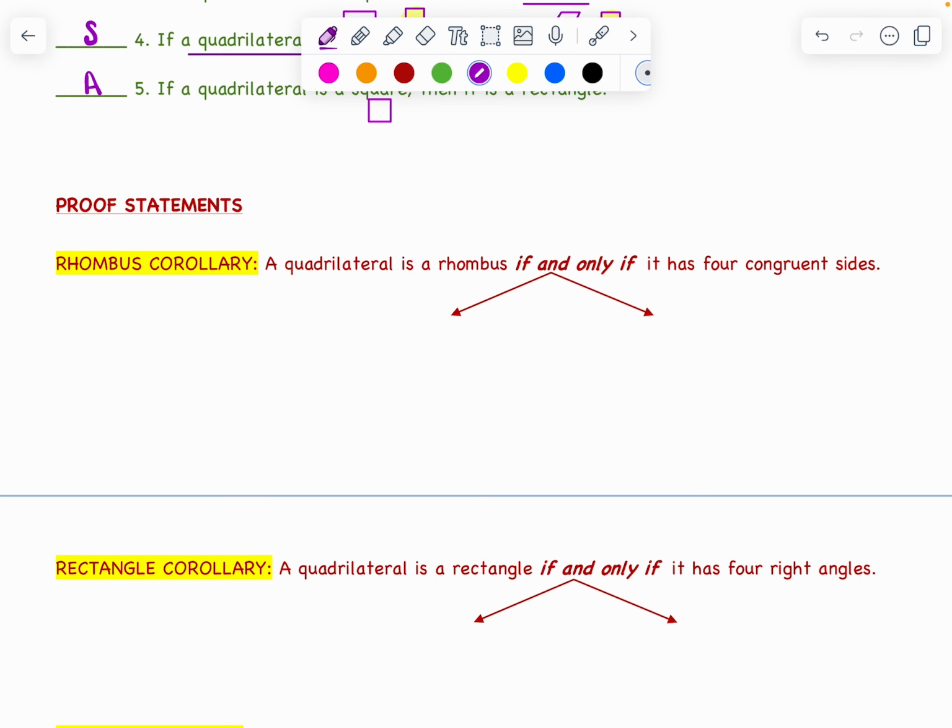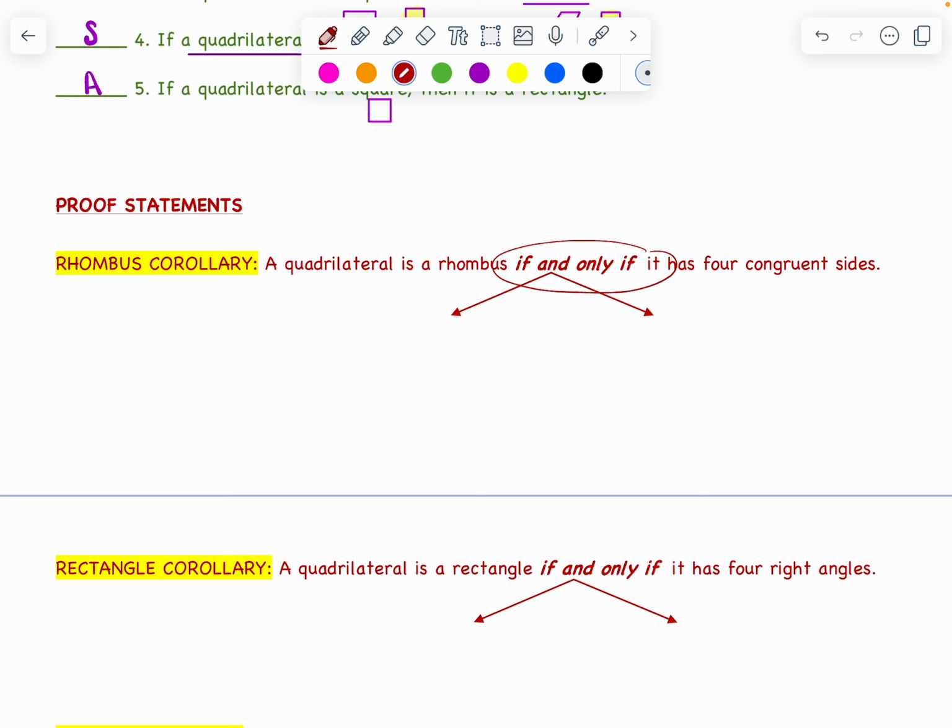All right, so just like yesterday, because we are doing proofs today, this is our last day of proofs, we need some proof statements. So we're basically taking those properties or definitions that we just learned, and we have these corollaries. Now again, just like yesterday, you're not allowed to actually use corollary or theorems in your proofs. You have to write the if-then.